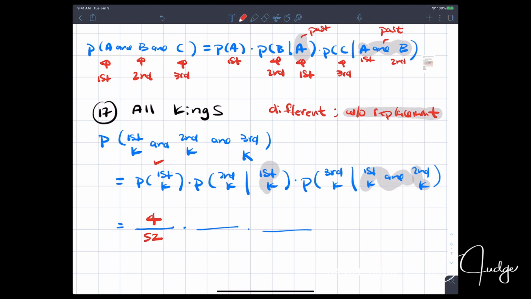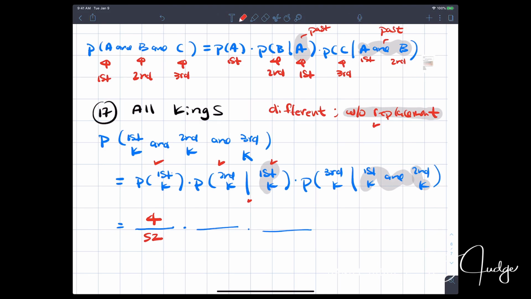Now go to the second probability here. We want to know, if we read this left to right, what's the probability that the second card is a king? This line here means given that what? We know the first selected card was a king, and this is without replacement. So that first selected king card is thrown out the window.